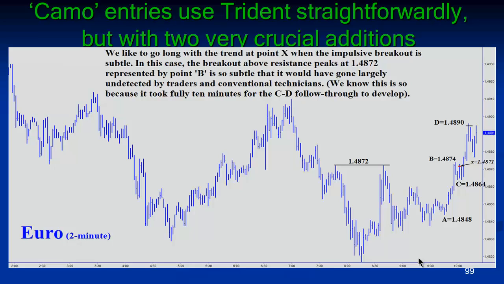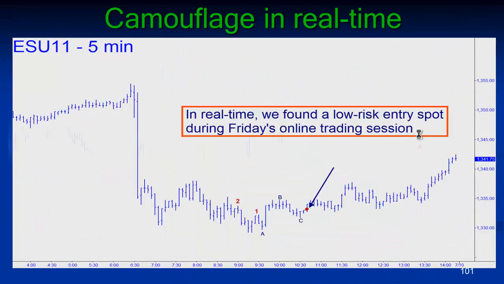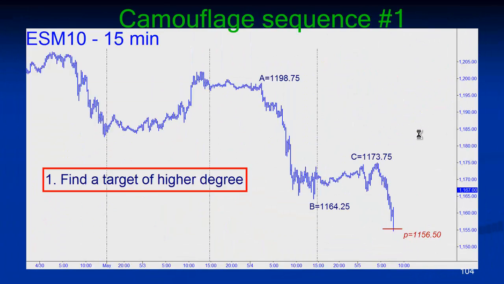We might go to the 1 minute chart, and if we're looking, let's say, for a rally top in the euro at 1.4890, then we would go down to the 1 minute or even the 30-second bar chart and look for a downtrending ABCD that we could trade. Alright, so let me show you a sequence of slides that explains the camouflage process.